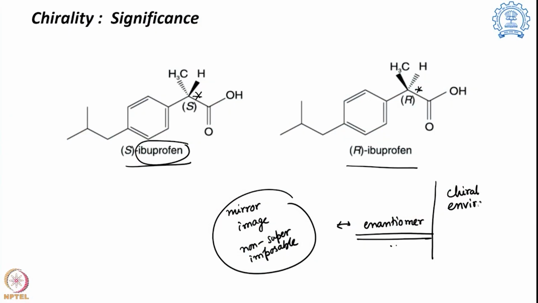We have to remember that we can have these 2 enantiomers where all the other physical properties might be exactly the same, their appearance, boiling point. However, the properties which require a chiral environment, then they actually separate themselves out.